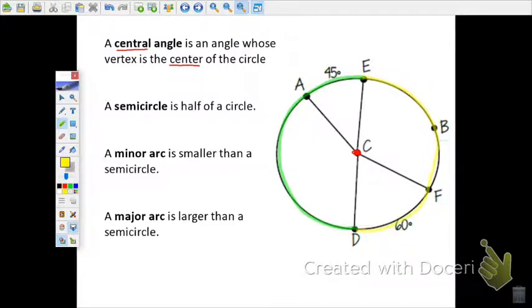So when we name a semicircle, we are going to be using 3 points to name it. We are going to use the two endpoints, and then we also need to have one other point that the arc goes through, so we know which half we're talking about.